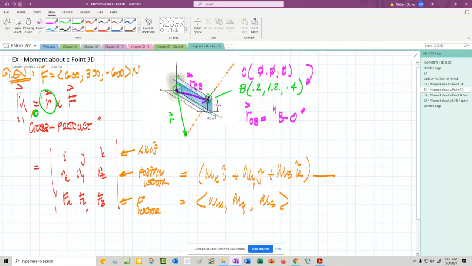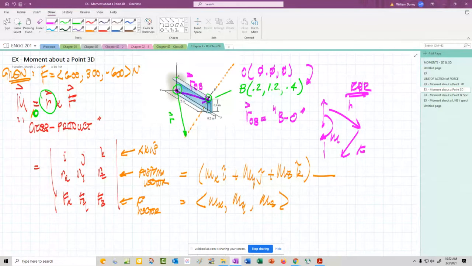And since we're R crossing into F, we have to point to the F. I don't take B to O, because that gives me a totally opposite moment. It's R crossing into F, so I point through R, and I'm going to bend my fingers in the direction of F, which looks like I'm going to have a moment that is spinning downwards in the negative z direction, right? From the right-hand rule. If you're a righty, make sure you put down your pencil before you do this. I'm a lefty, so it's easy to do the right-hand rule.